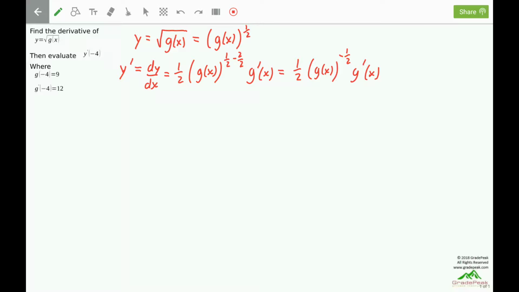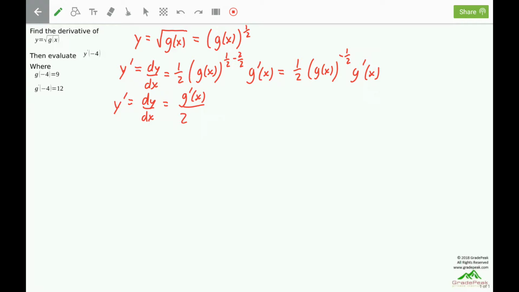The negative 1/2 power can be moved to the denominator and be called a positive 1/2 power. So y prime, or dy dx, will be, the numerator is going to be the 1, and the g prime of x will stay in the numerator. So that means 1 times g prime of x, which will just be g prime of x.